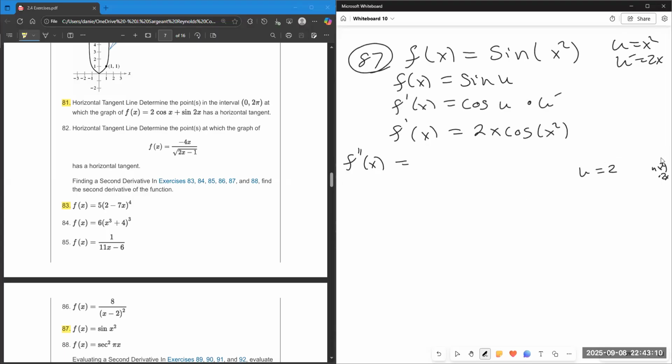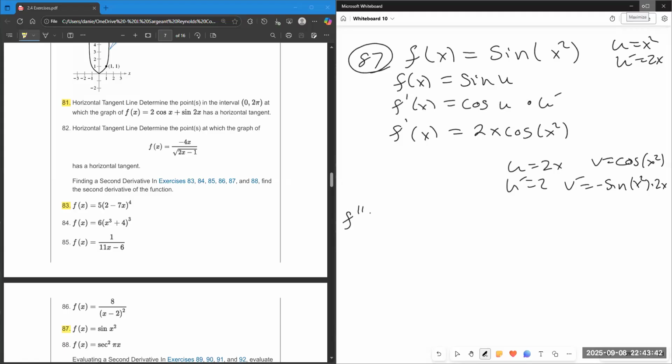Give myself more space to see that. u is 2x. v is cosine of x squared. u prime is 2. v prime is negative sine of x squared times 2x.